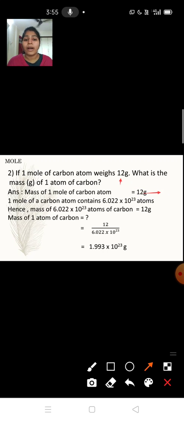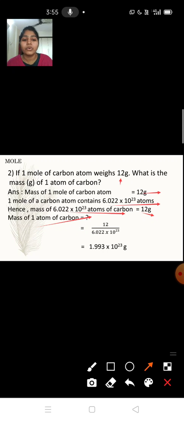And we know 1 mole of carbon atom contains how many atoms? It contains 6.022 into 10 raised to 23 atoms. Right. So can I say the mass of 6.022 into 10 raised to 23 atoms of carbon is 12? Right. So now we can find the mass of 1 atom of carbon.